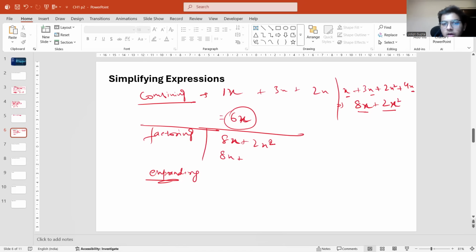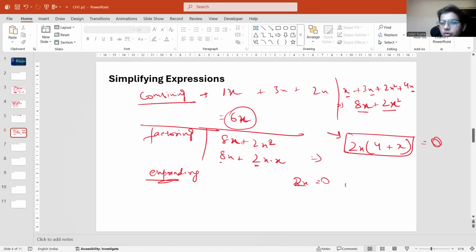It's 8x plus 2x dot x. There is 2, there is 8. I take 2x out. What am I left with? I'm left with 4 plus x. This is factoring. I made factors of this thing, and let's say now it's equal to 0. So either 2x equal to 0 or 4 plus x equal to 0.